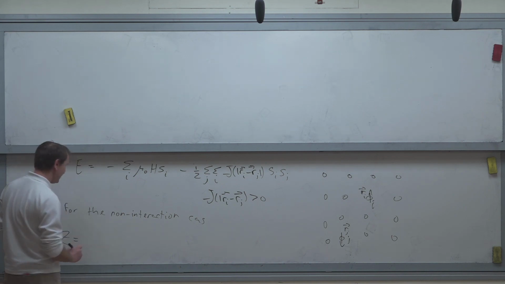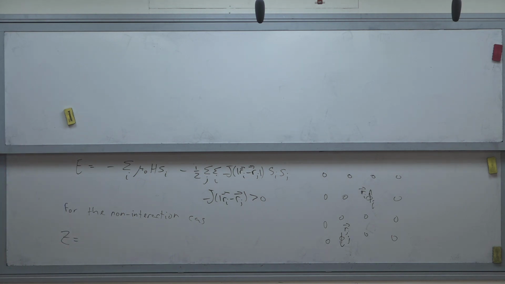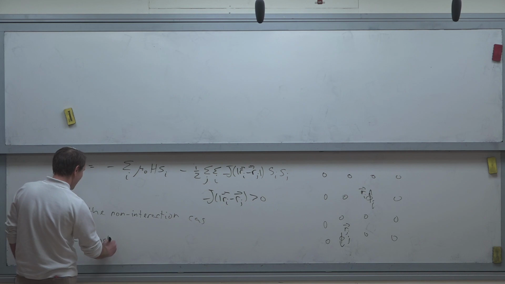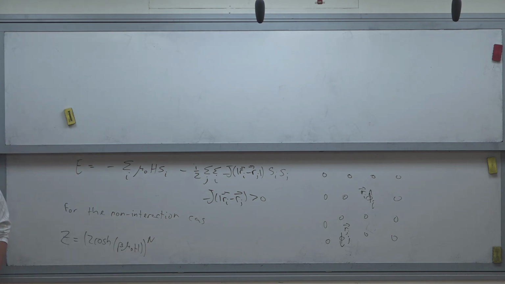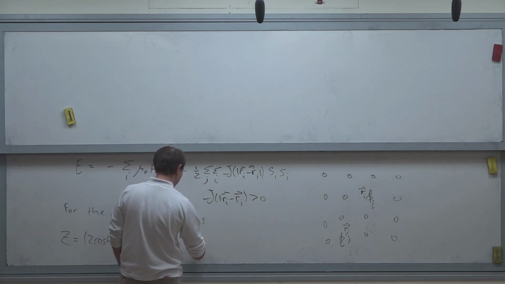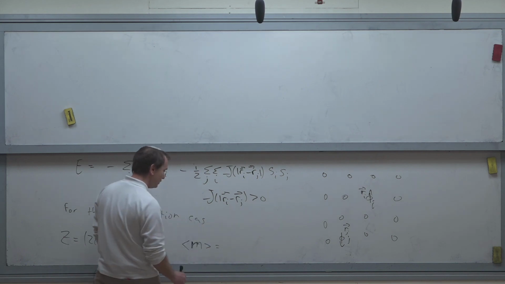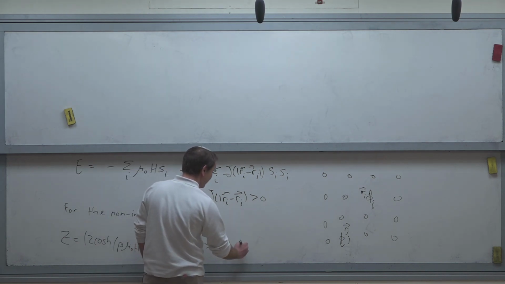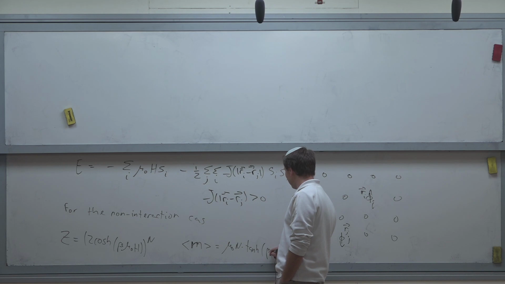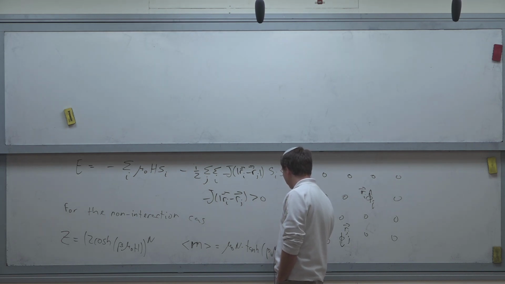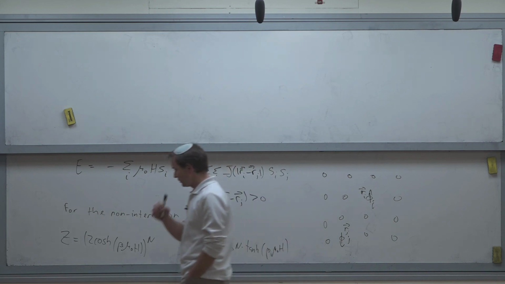We managed to solve it and obtain that the partition function equals exactly 2 hyperbolic cosine of beta mu 0 h, to the power n, and the average magnetization equals mu 0 n hyperbolic tangent of beta mu 0 h.